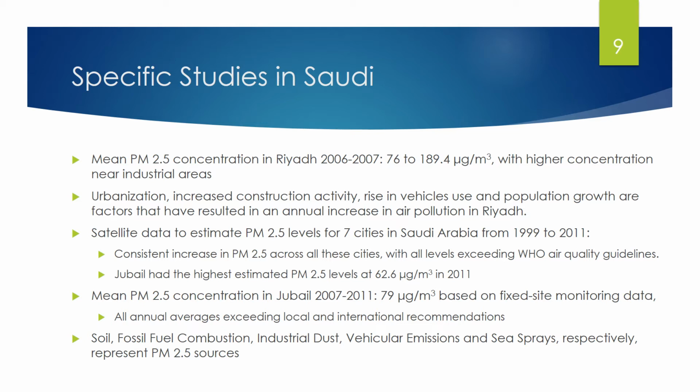To put this also in perspective, the World Health Organization recommended standard is 10 microgram per cubic meter, and this is the level under which there hasn't been significant impact of PM2.5 pollution on health, at least nothing that has been identified so far. So 10 microgram as the recommended standard.